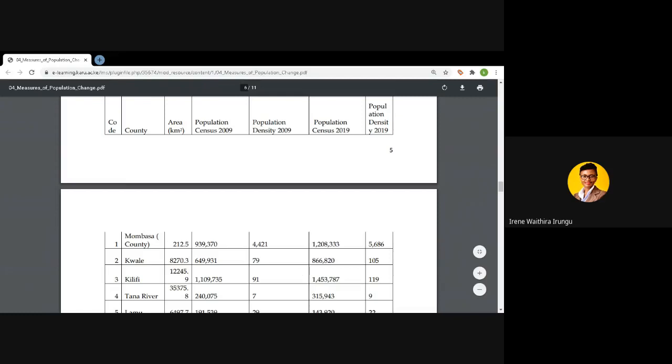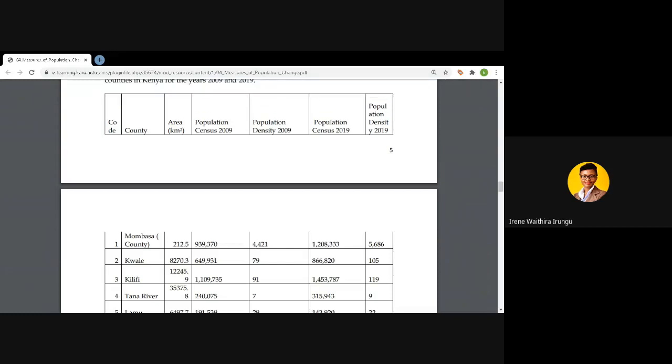The same is done for the population density in 2019. You realize as long as the boundaries are not changed, the area will remain the same. But our population is exposed to births, deaths, as well as migration, and therefore the population is changing from one year to the next.